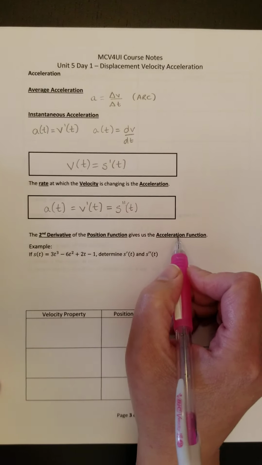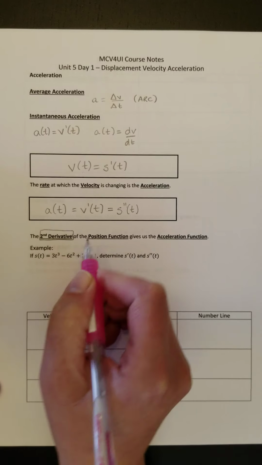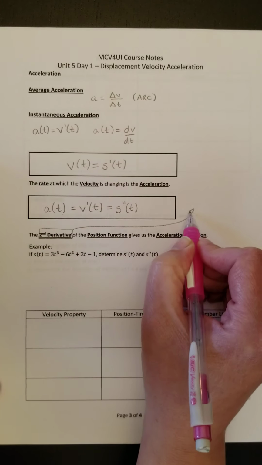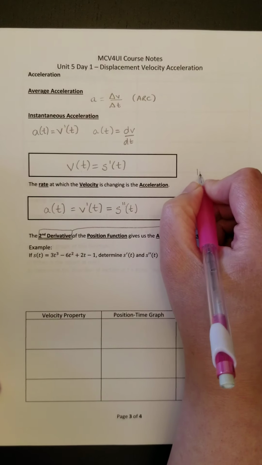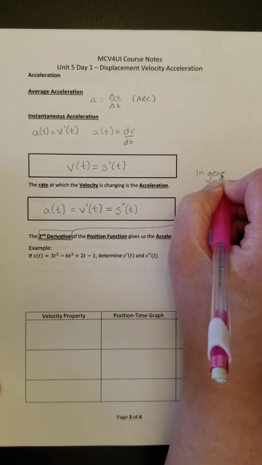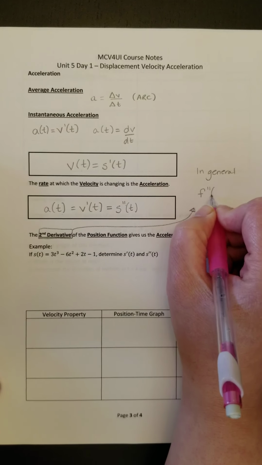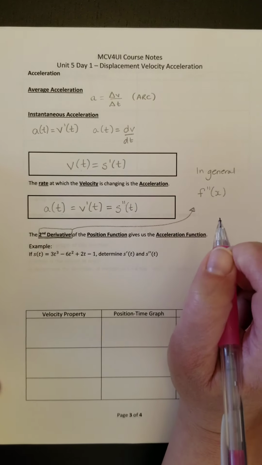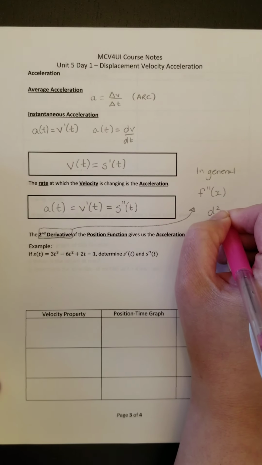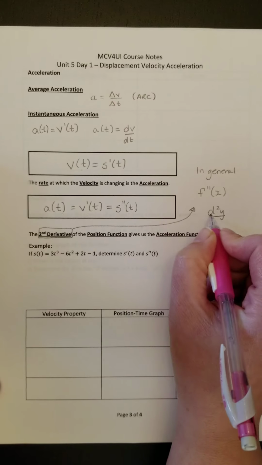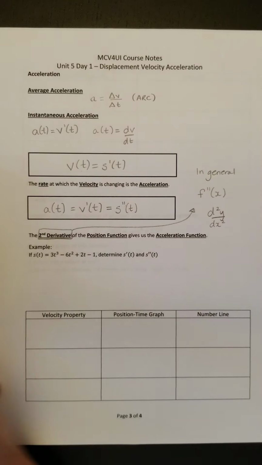So this second derivative, just to make sure you understand what that is in general, would be written as f double prime at x, or d squared y by dx squared.